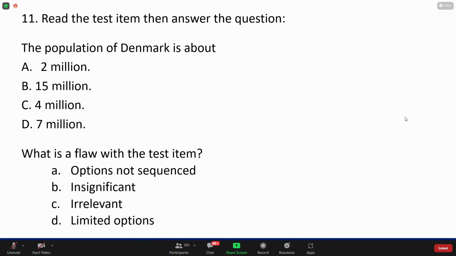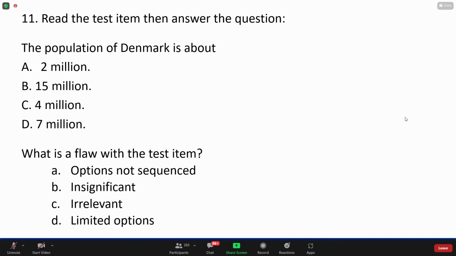Ayun, Redeline De La Torre. Miss De La Torre. Number 11. Read the test item then answer the question. The population of Denmark is about A, 2 million, B, 15 million, C, 4 million, D, 7 million.